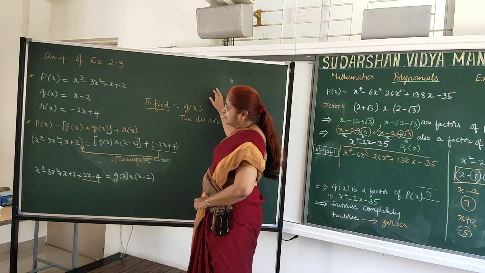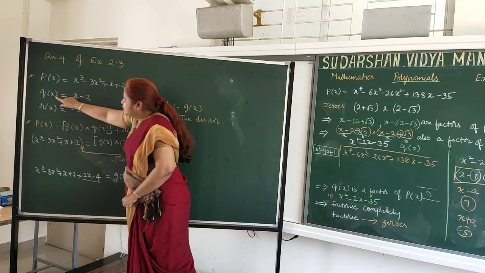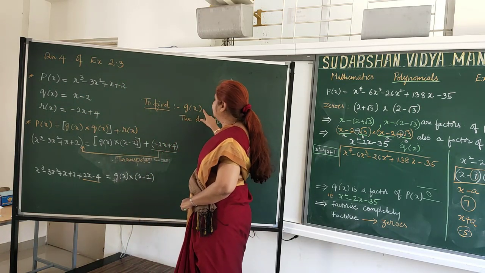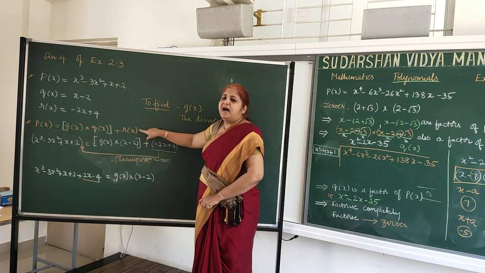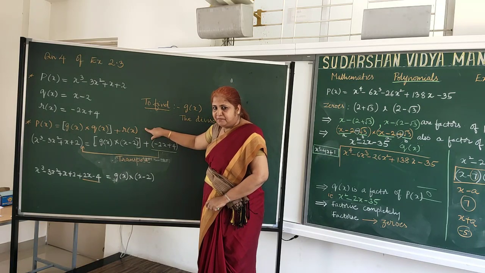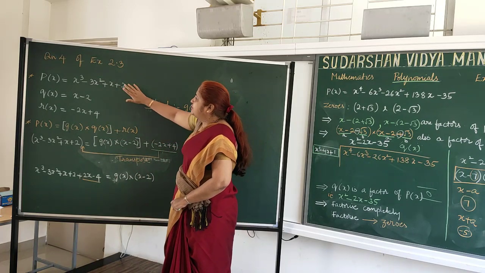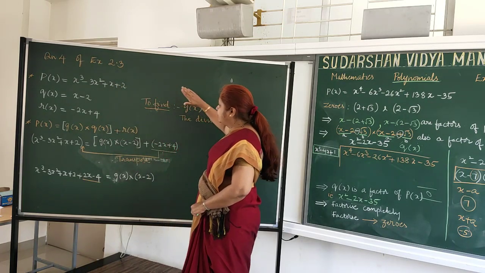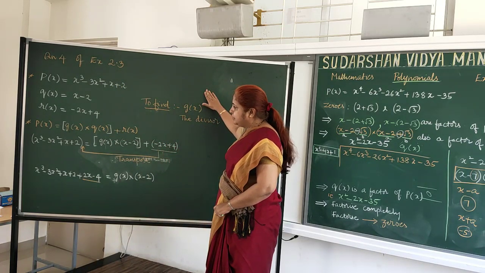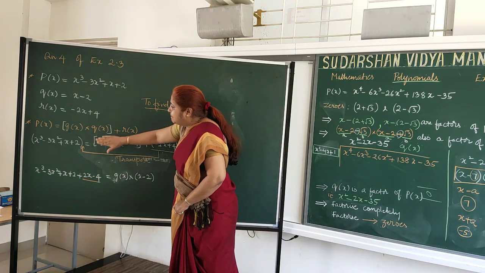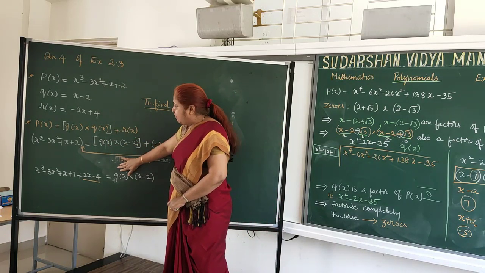What do we do with this? Now we have p of x, q of x, r of x and g of x related by the division algorithm. So first write the division algorithm after you have mentioned what is given and what is required to be found out. And here substitute the expressions that are given.